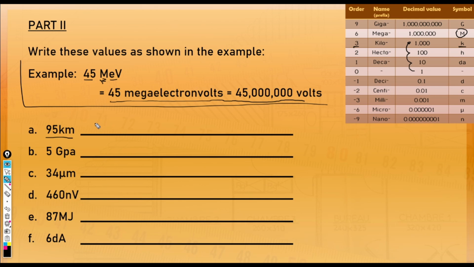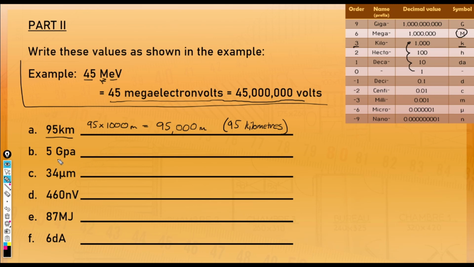So 95 kilometers is 95 times 1,000 meters, which equals, of course, 95,000 meters. Careful, that looks a bit like 45. Okay.